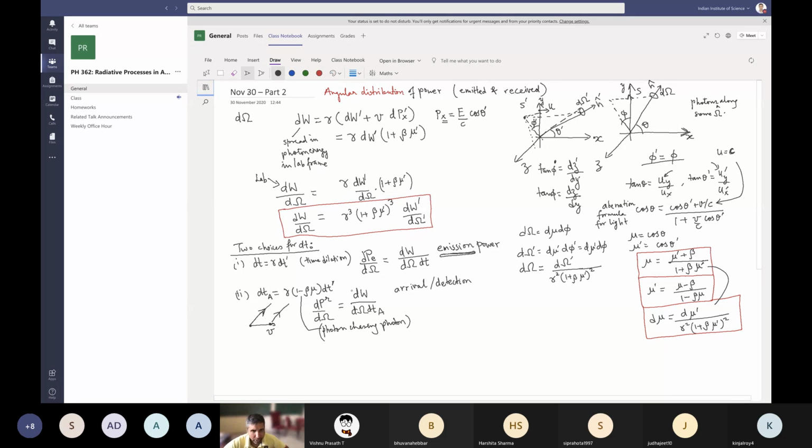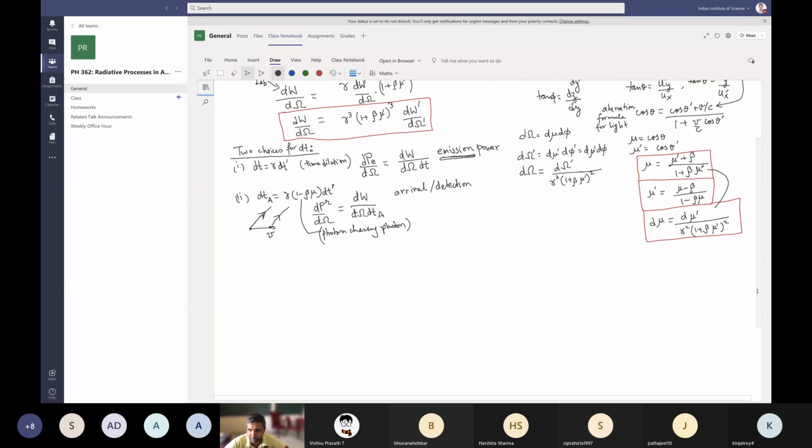Let's see how this and this transform from rest to the lab frame.